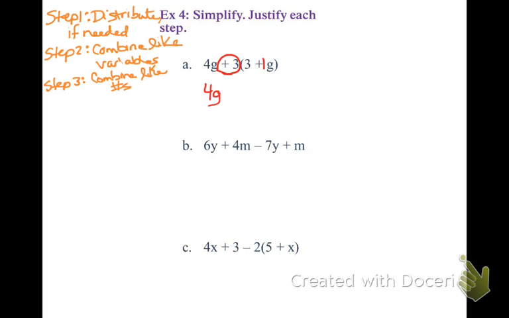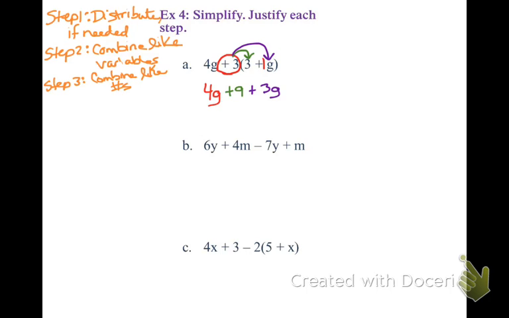And we're going to distribute. So I'm going to take this 3 and multiply it to that 3. So positive 3 times a positive 3 is a positive 9. And then I'm going to take this positive 3 and multiply it to the 1g. So 3 times 1 is 3, and then make a g.